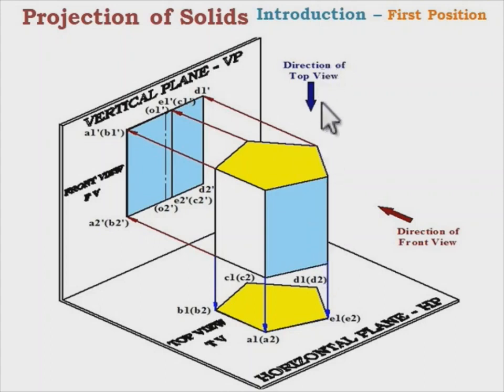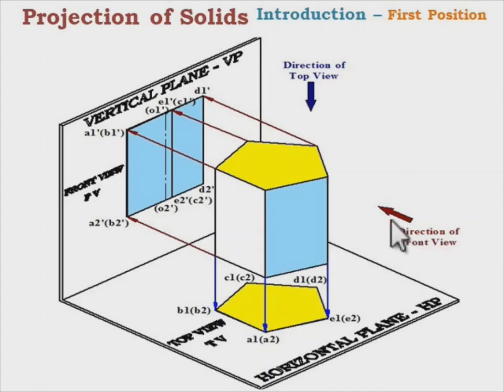In the direction of top view, the top face pentagon is visible, bottom face pentagon is hidden, which is as shown here. So this corner A1 is visible, A2 is hidden, B1 is visible, B2 is hidden, C1 is visible, C2 is hidden, D1 is visible, D2 is hidden, E1 is visible, E2 is hidden.